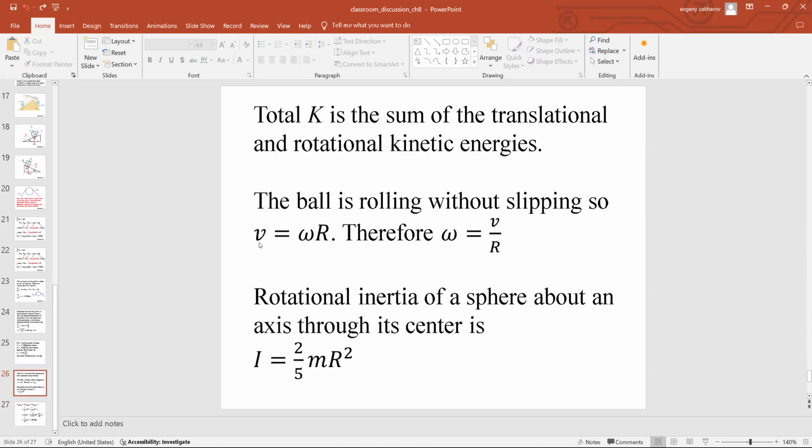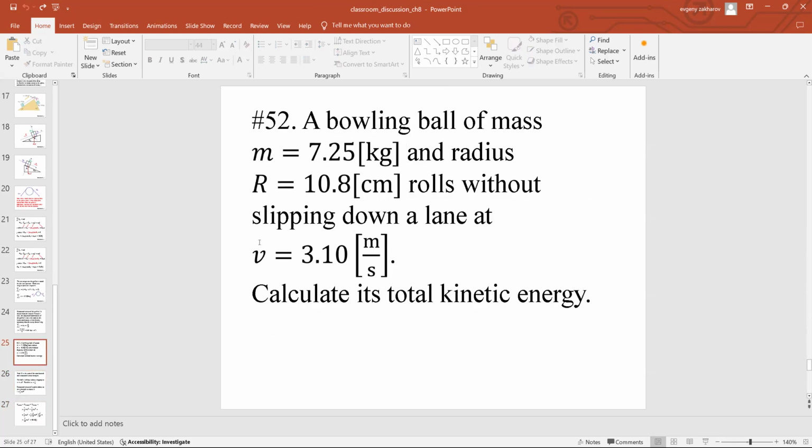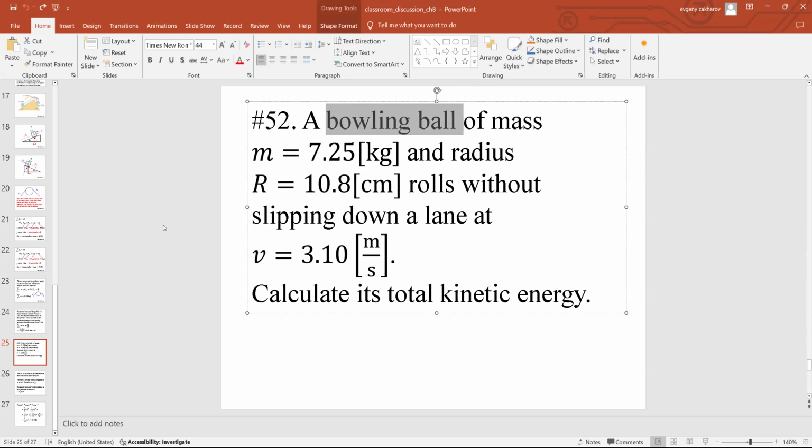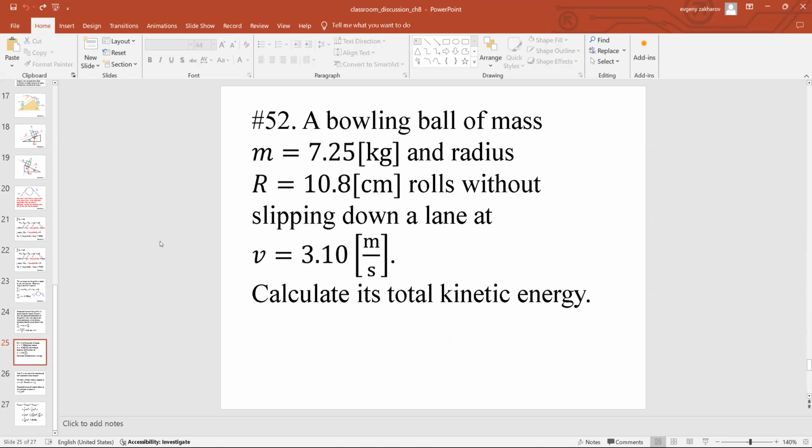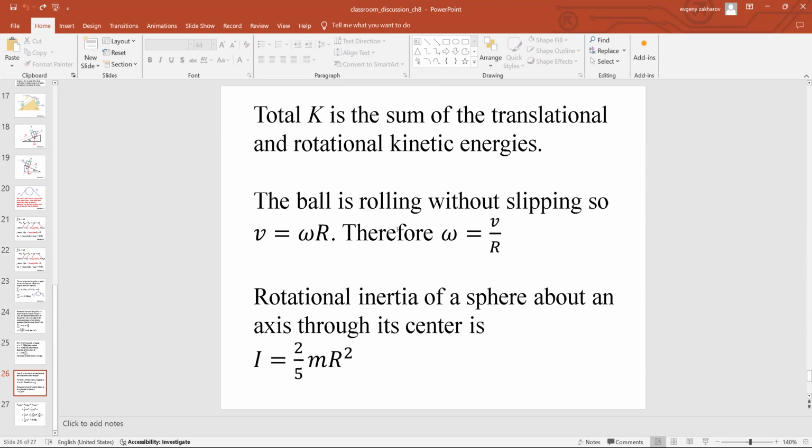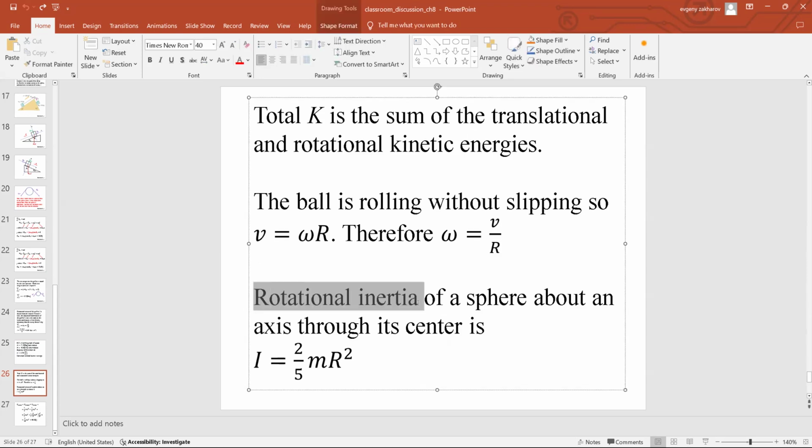Okay. We have a bowling ball. That's not a particle. Can you think about a certain geometry that a bowling ball represents? Well, if you ever played bowling, you've seen that those are really close to being spheres. So it is the rotational inertia of a sphere that you have to keep in mind.